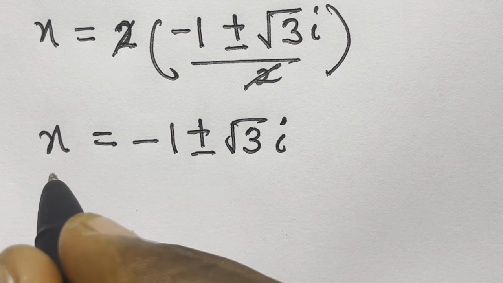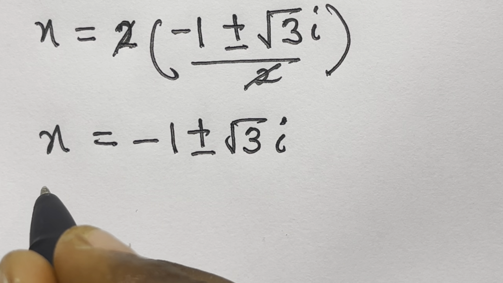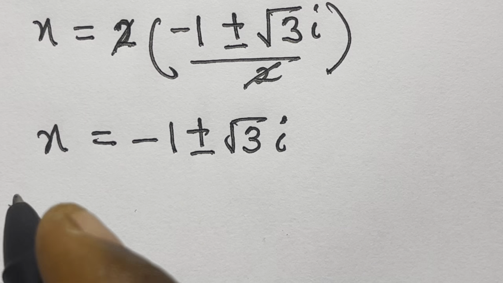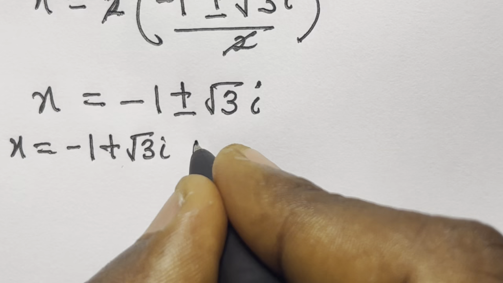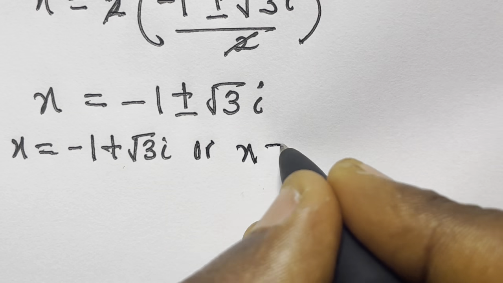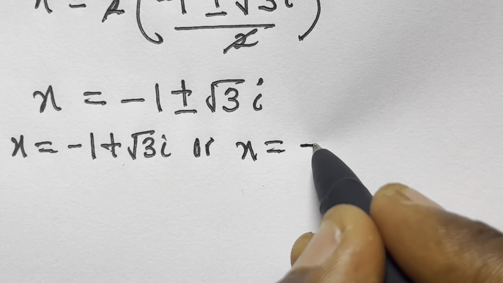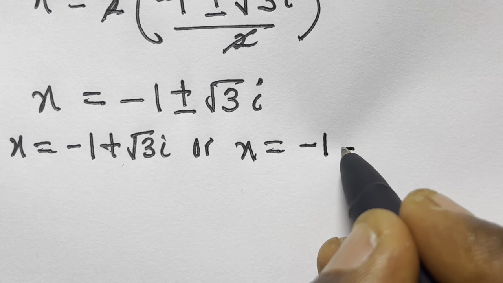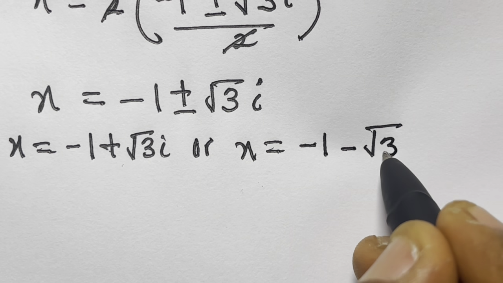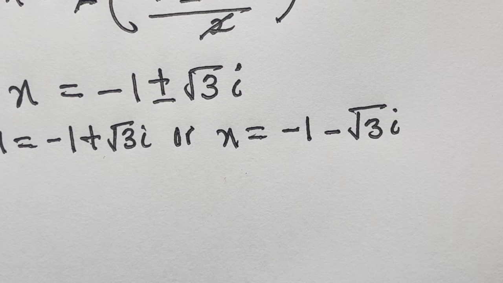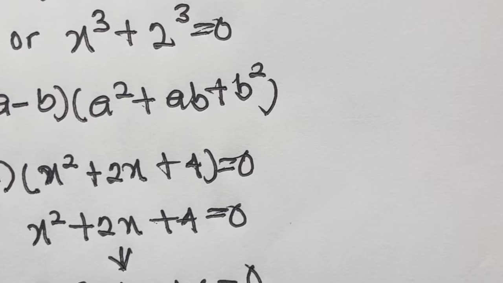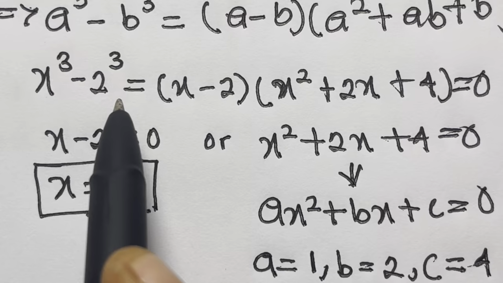So therefore, you can declare that we have x equals minus 1 plus root 3 i or x equals minus 1 minus root 3 i. So that's the first expression that we have. But remember, we just did this.